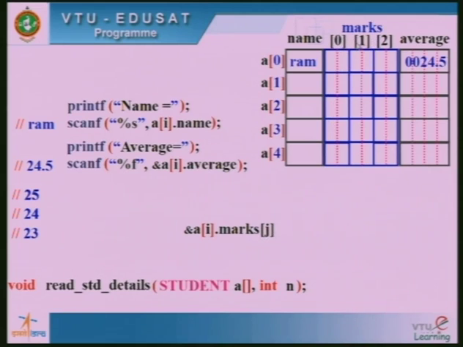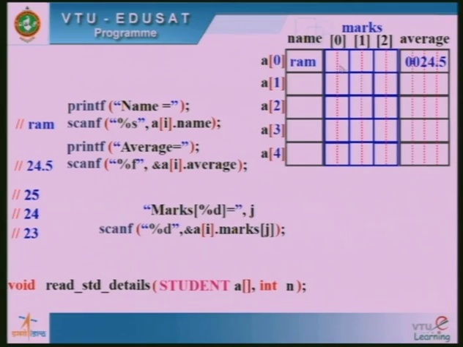Next j can be 1, j can be 2. I have to read integers into these 3 locations. So what is the format specifier? I should use %d. So if I want to enter the data from the keyboard and copy it into this memory location, which function should I use? The scanf function. So here I write a scanf. And before this, let me display the message.